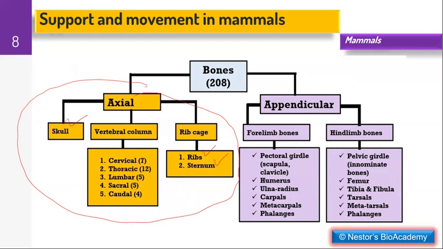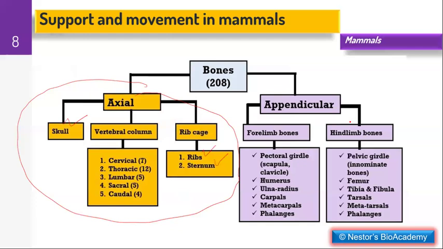And the vertebral column is always made up of several short bones, as we are going to discuss in a short while. In contrast, the appendicular skeleton is made up of the bones of the forelimb and the bones of the hind limb, together with the various girdles that attach them to the axial skeleton.